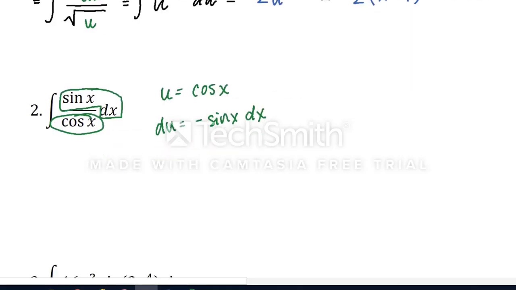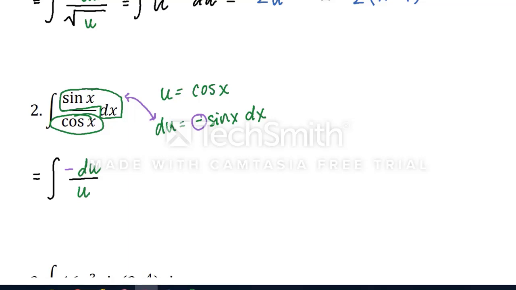Yeah, so just like we saw on Monday, the u is in the denominator and the du's almost match, but what we have in the integrand is sine and the du we have is a negative of those. So it's perfectly fine to say that this is worth a negative version of the differential du. Make sense? We just adjusted it so it matched in the integrand.